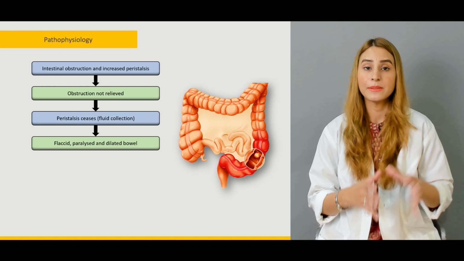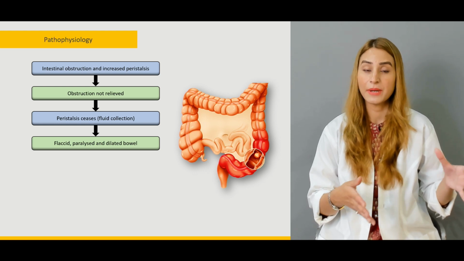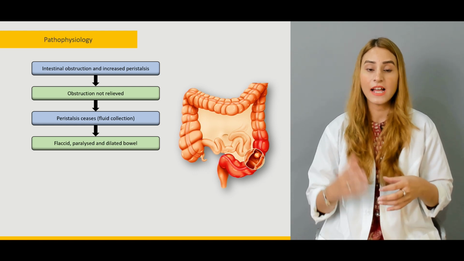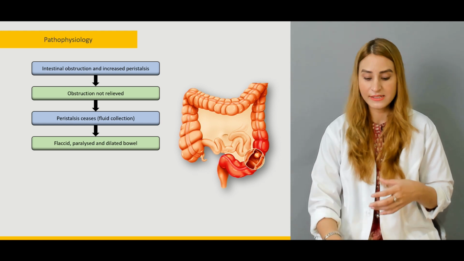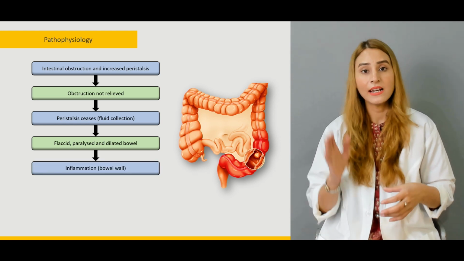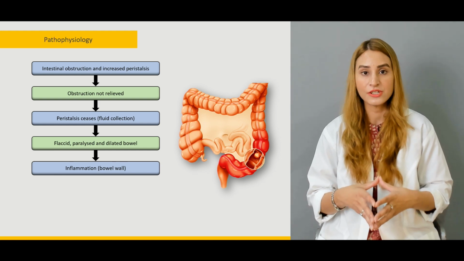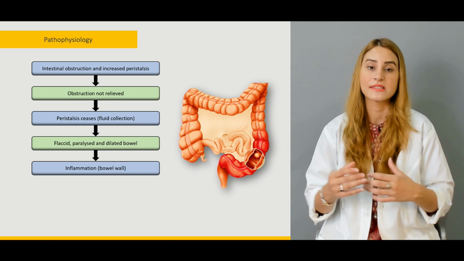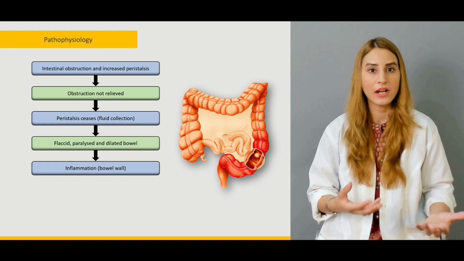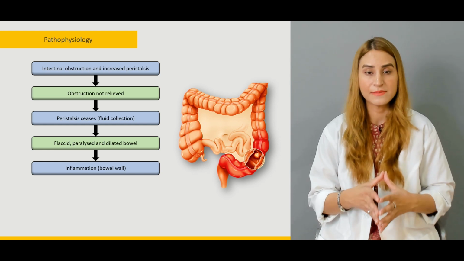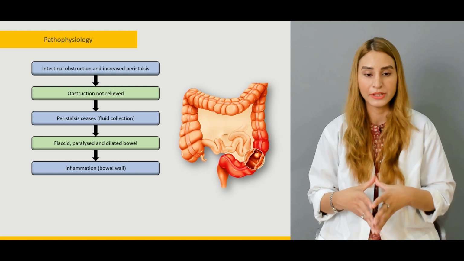And whenever the peristalsis ceases, there's a flaccid, paralyzed and dilated bowel, and this kind of bowel precipitates the formation of inflammation, because a number of cytokines and interleukins are released because of the increase in capillary permeability.